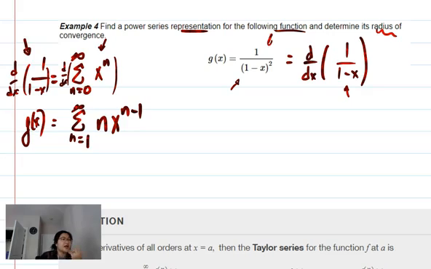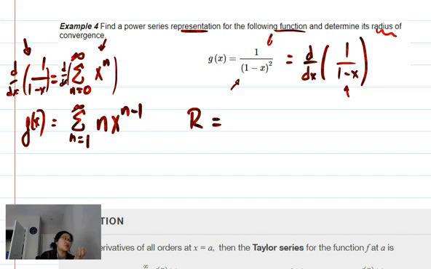But we were actually just looking for a radius of convergence, and our radius of convergence is not going to change, because we know that the radius of convergence for a function's power series, its derivative's power series, and its integral's power series are all the same. The interval of convergence is going to be the same except for maybe at the endpoints.